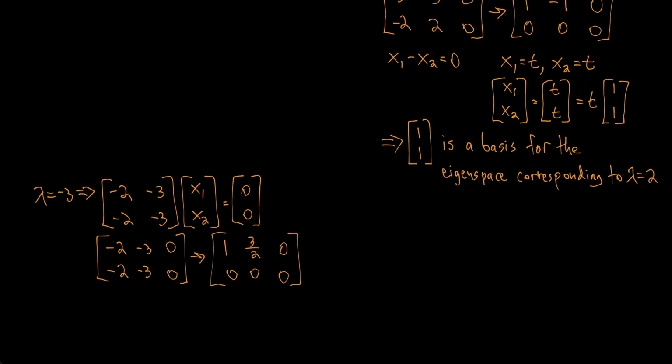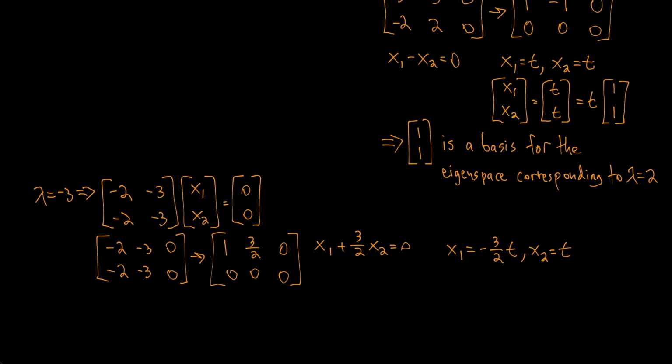Great. So this gives me a top row of x1 plus 3 over 2 x2 equal to 0. So that tells me that x2 again is the free variable. I'll make it t. So moving it to the other side, I'll get that x1 is minus 3 over 2 x2, so x1 is minus 3 over 2 t, and x2 is just t.